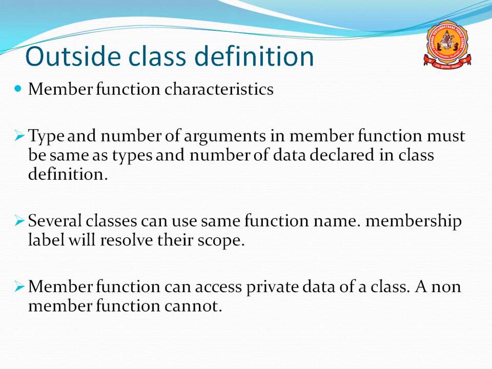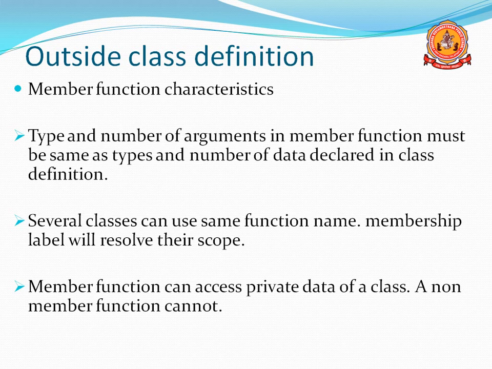Inside the class definition we are declaring, outside the class definition we are defining. The number of arguments and type of the argument should be the same in the function declaration as well as the function definition. And several classes can use the same function name.